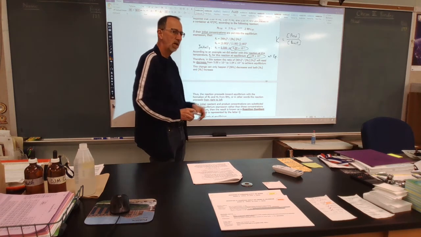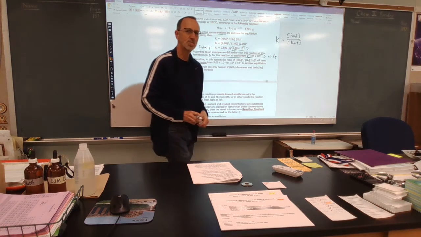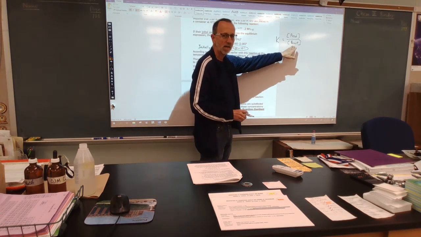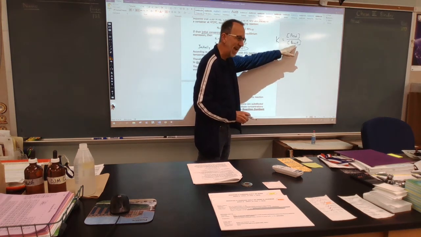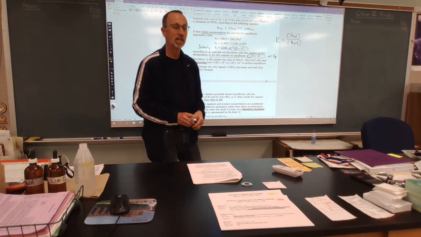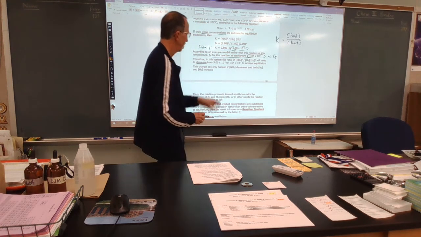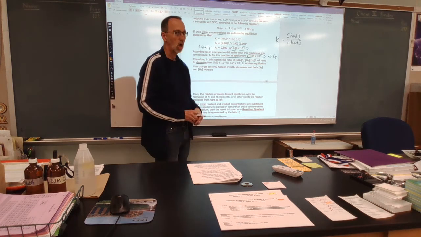Thus, the only way that can happen for this number here to get smaller is if our reactant concentrations get larger and our product concentration, in this case NH3, gets smaller.